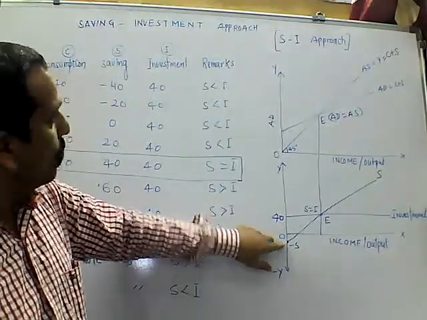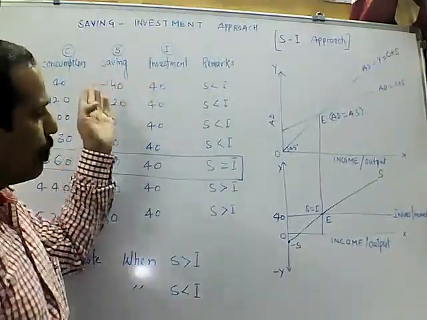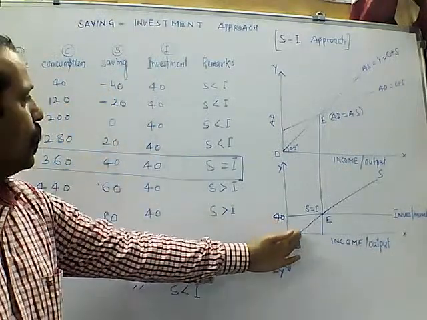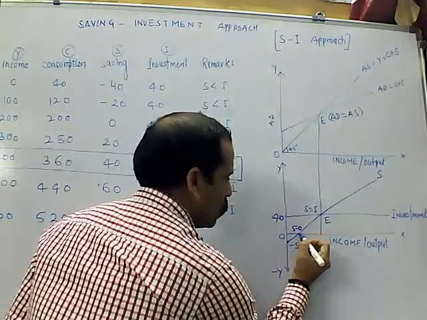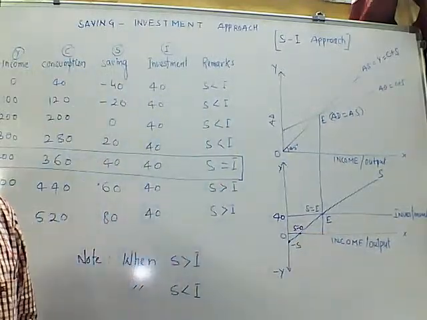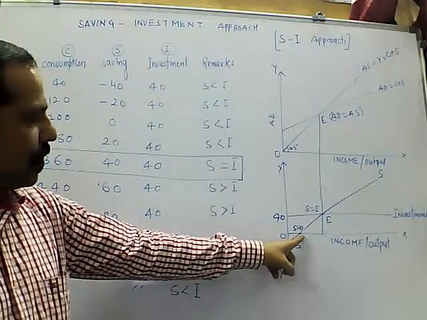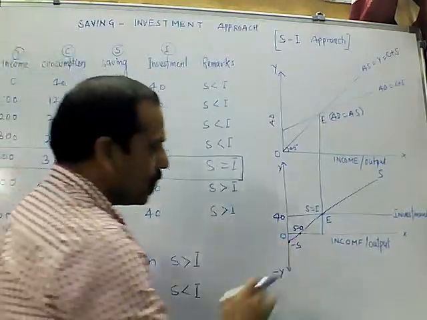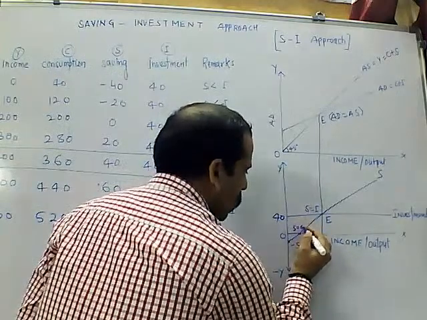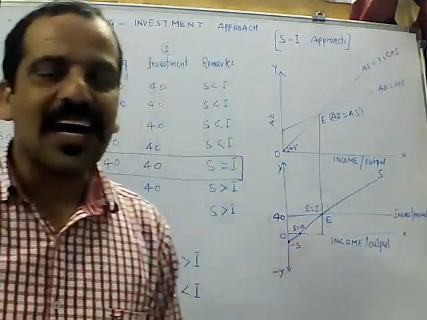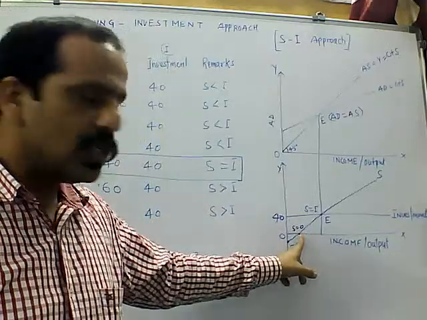So minus saving means savings are negative, minus 40, then minus 20. At this point, saving is equal to 0. Before it, negative. S is equal to 0 means savings are 0 at this point.